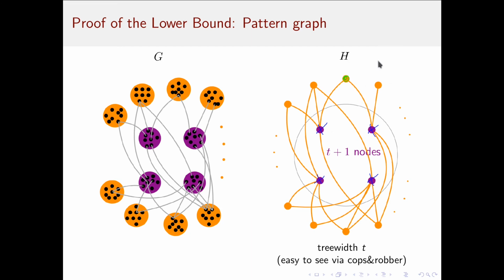And because we have that t is at least 3, we know that there exists at least one central node which is not adjacent to the robber.